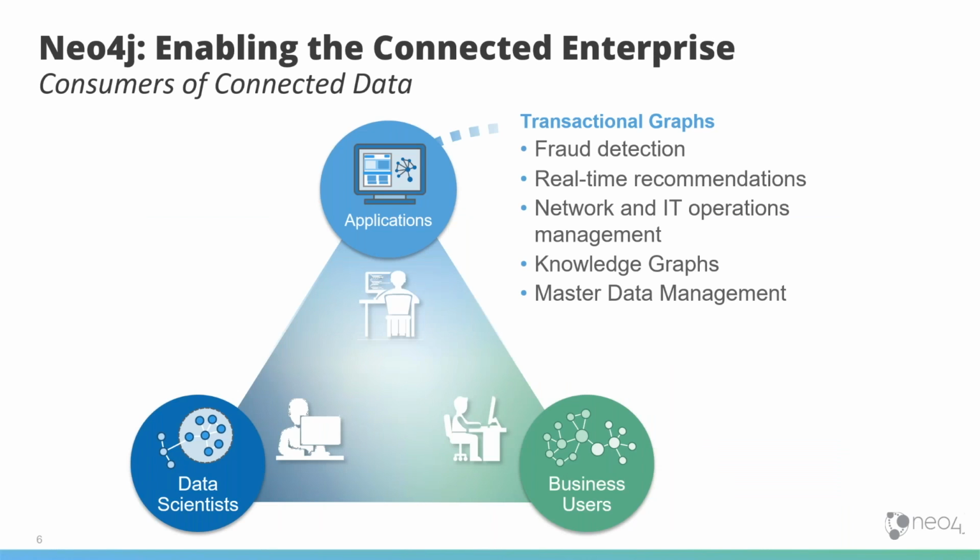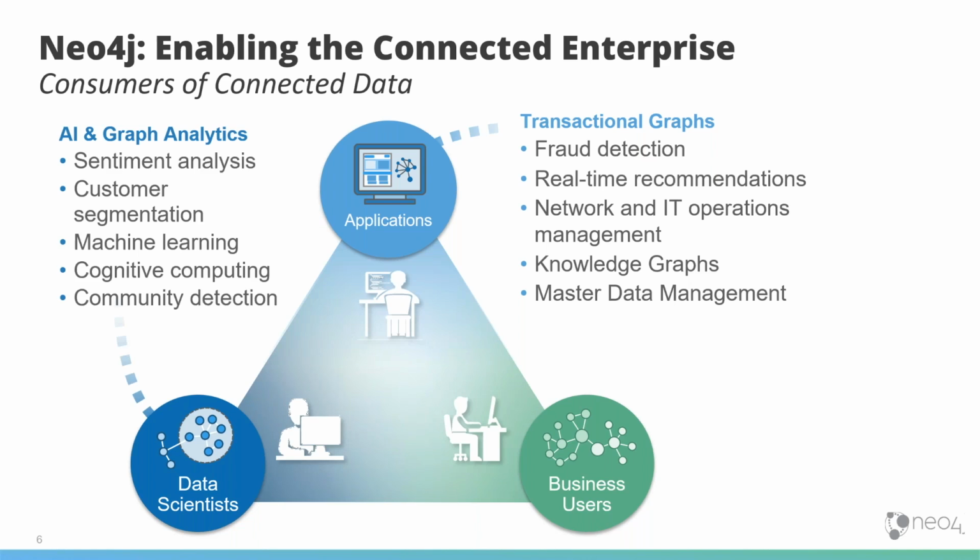So this notion of enabling the connected enterprise, we look at this from the standpoint of building transactional graph type applications. These are what many folks are familiar with from Neo4j, creating recommendation engines, fraud detectors, network management capabilities, knowledge graphs, etc. We've seen an emergence of the artificial intelligence and graph analytics space.